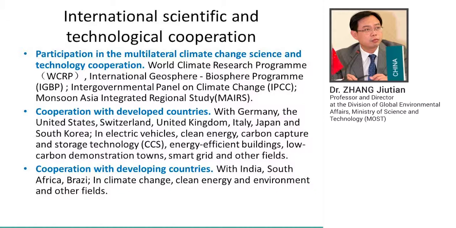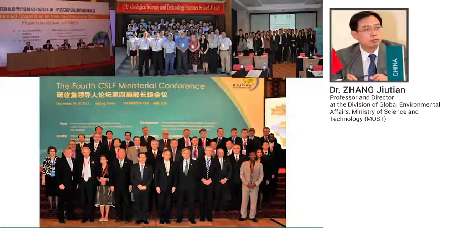And now, with the help of the UNDP, we are cooperating on renewable energy technology transfer between China and Africa. This is a very good and new model in South-South technology cooperation. Let's see some pictures of the international cooperation.